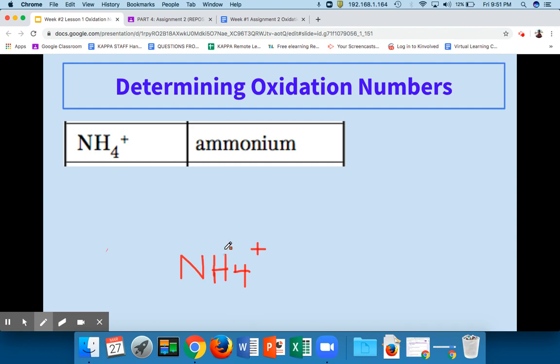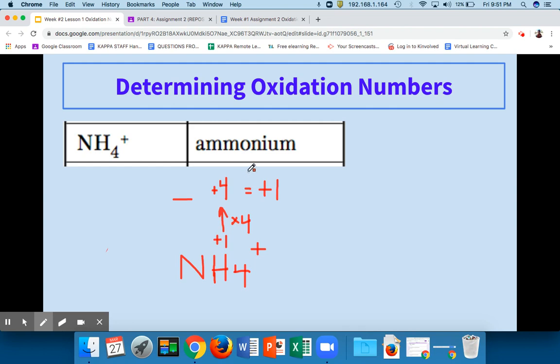So looking at our rules, hydrogen we know is a +1 charge. But there are 4 of them, so we need to multiply that by 4, and that gives us +4. Now this +4 added to whatever nitrogen is, I'm going to leave a blank there, must equal +1 because the overall charge of our polyatomic ion is +1.